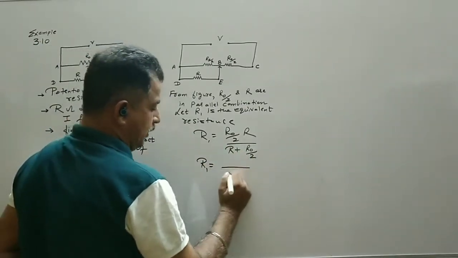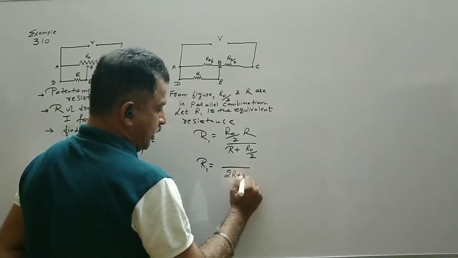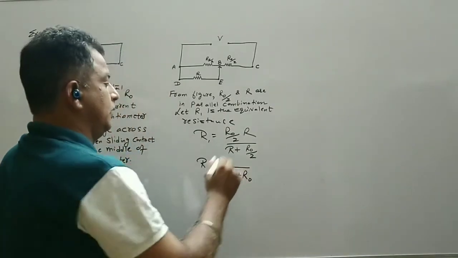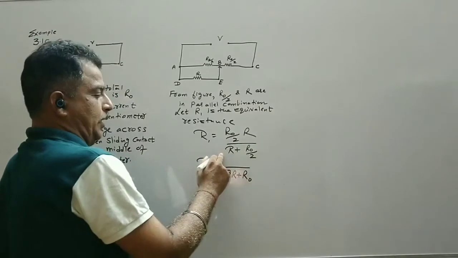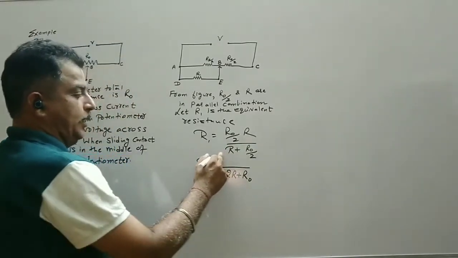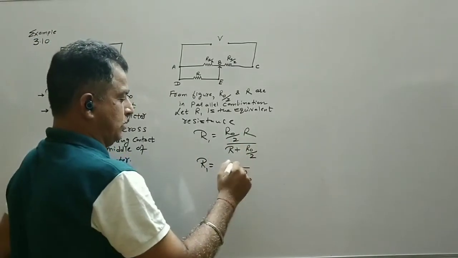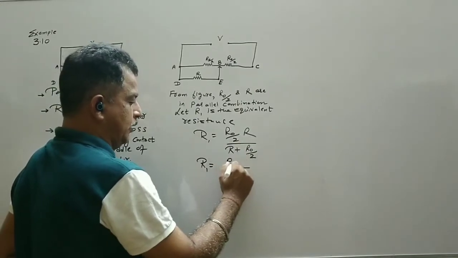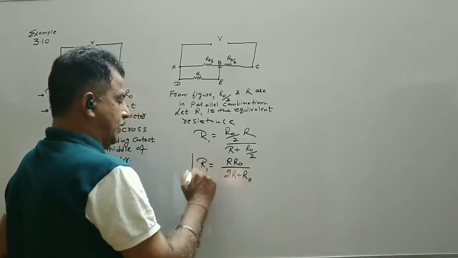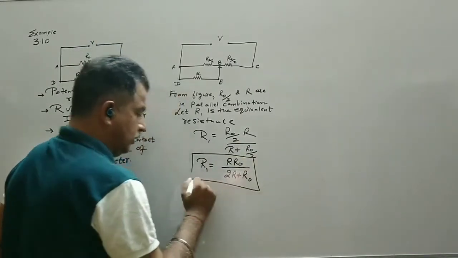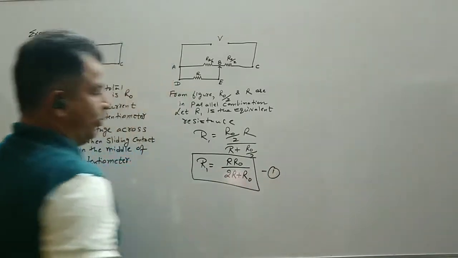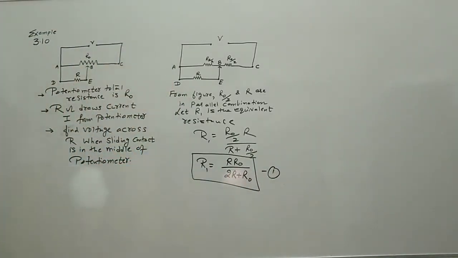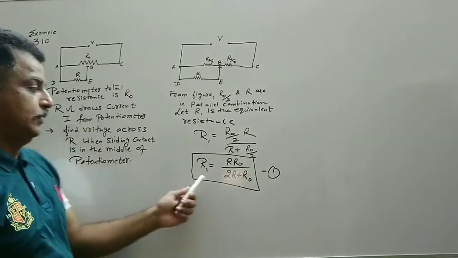This becomes in the denominator 2R plus R naught. This 2 comes in the denominator and this 2 goes up, the 2 is cancelled. So the equivalent is R naught upon 2R plus R naught. This is our equivalent resistance.